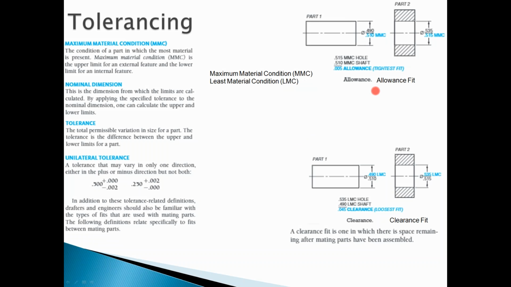We have an allowance fit. The allowance fit is similar to the tolerance, just to show how tight you want your object to be. So if you are given this limit here, and the hole is 0.515, and the MMC shaft is 0.510, therefore the allowance, the tightest fit you can go, is 0.005.